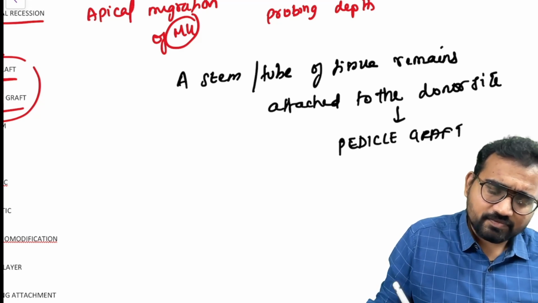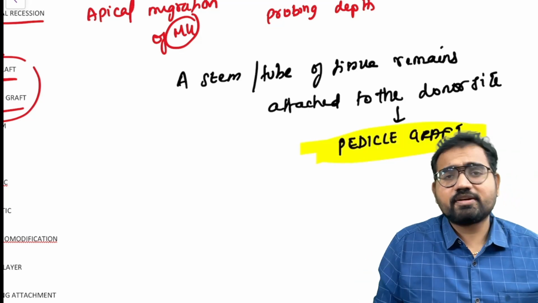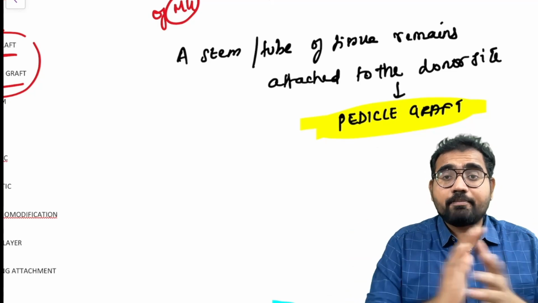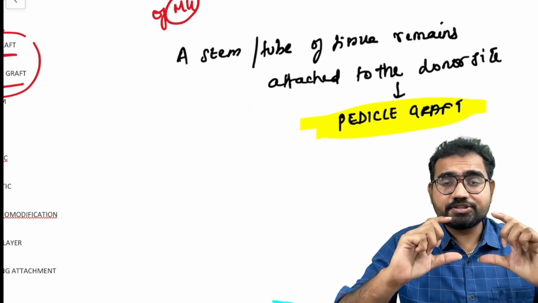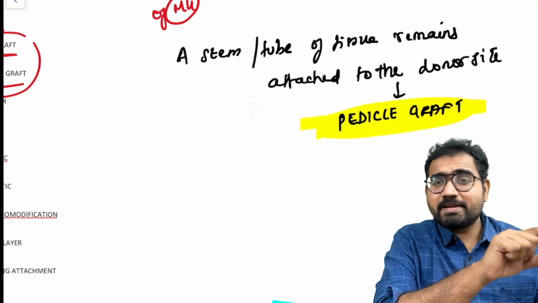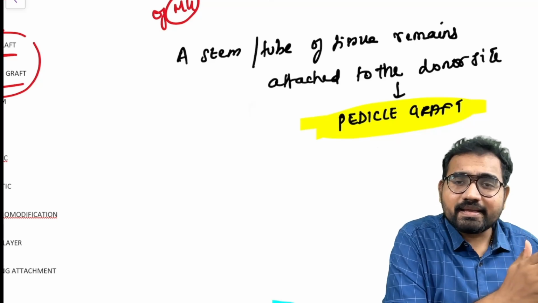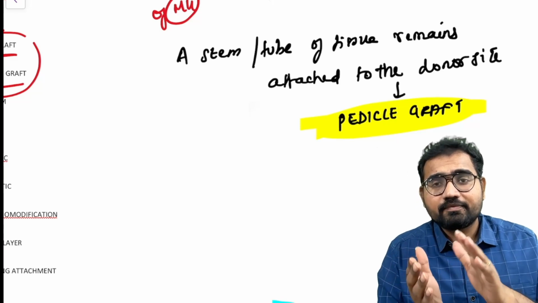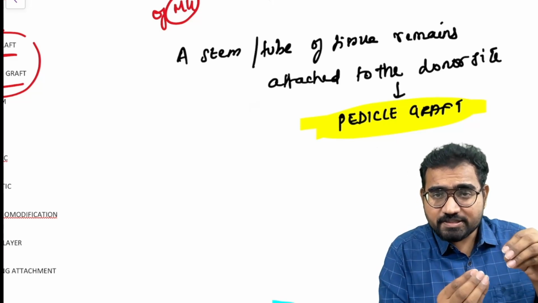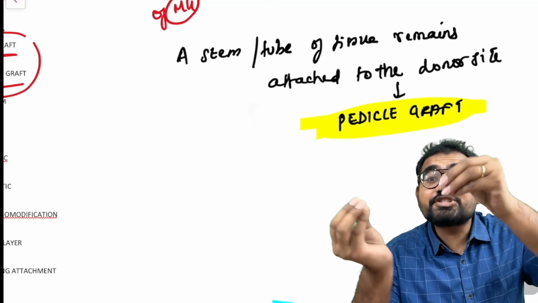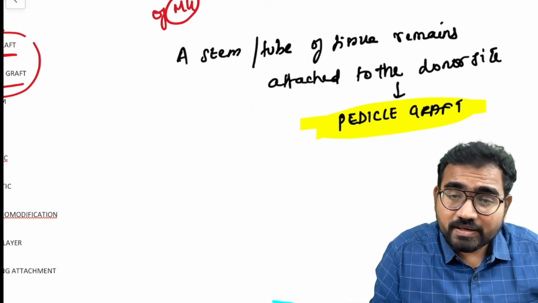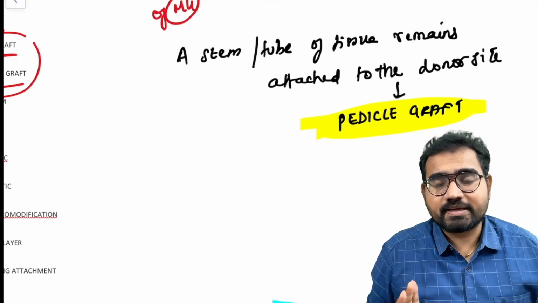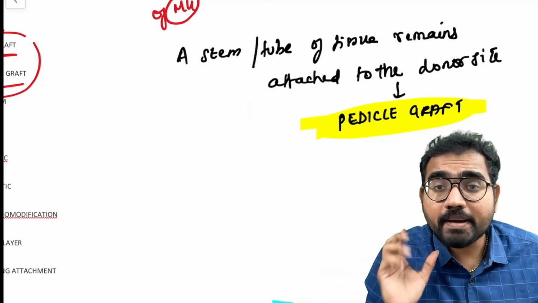The definition might look difficult, but hang on. What do you mean by this, sir? It's very confusing. See, if I am not cutting the entire gingiva, I am just displacing the gingiva either laterally or coronally, or I am rotating the flap, which means the flap is just being pulled, it is not detached completely. That is what a stem or a tube of tissue remains attached to the donor site. That is what is called a pedicle graft.